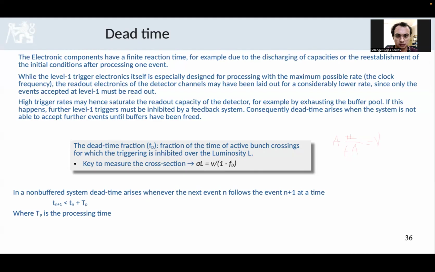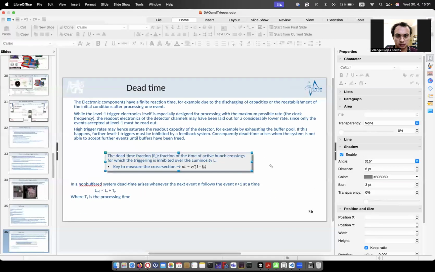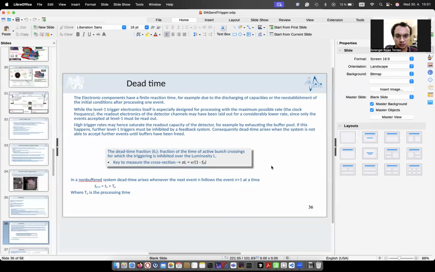Yeah, the formula is okay, but the definition of the dead time fraction, there was over the lifetime. Yes. No, that was wrong. No, that was okay, that was right. Then how I had it, I forgot.